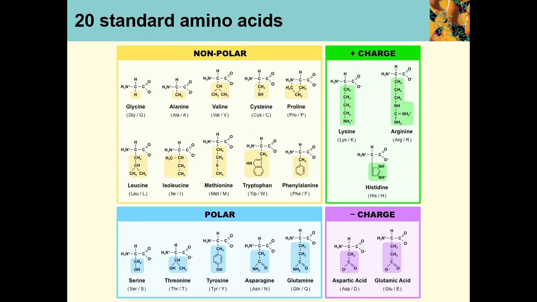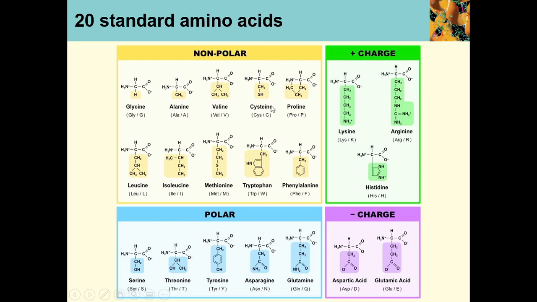So last time we discussed the 20 standard amino acids. When we say standard amino acids, these are amino acids that are usually found in your proteins, so we can also call them your proteogenic amino acids.